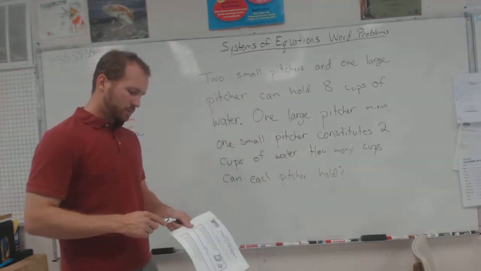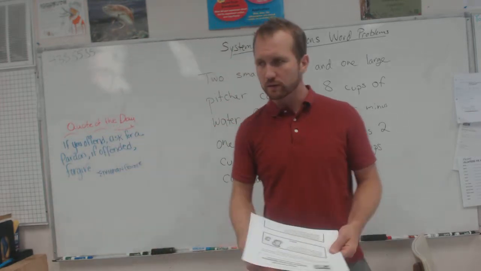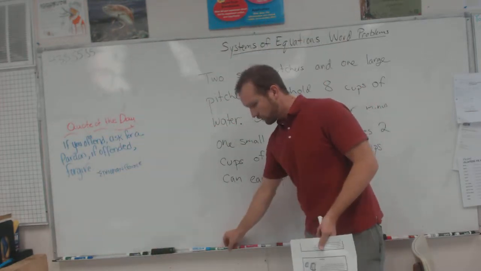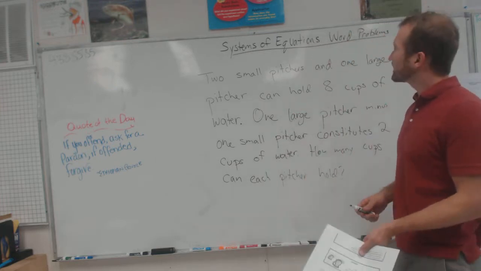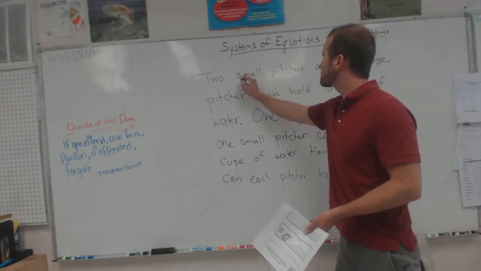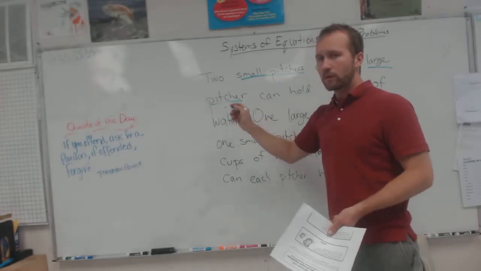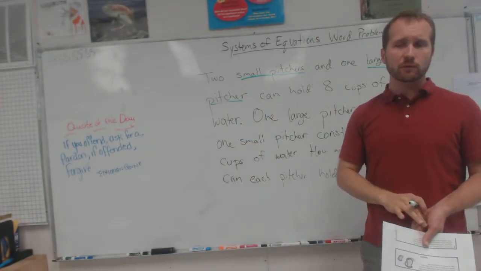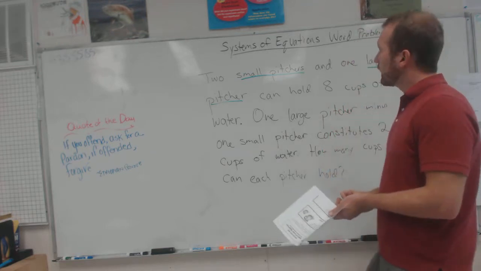Okay, so there's a couple ways that we know this is a system of equations. One thing that we're looking for is we have different variables. In this case, we have a small pitcher and a large pitcher. So we have two different things that we're looking for. And that's one clue.